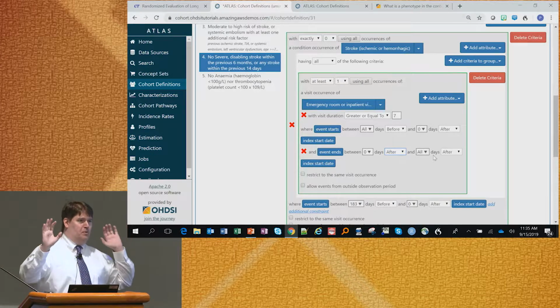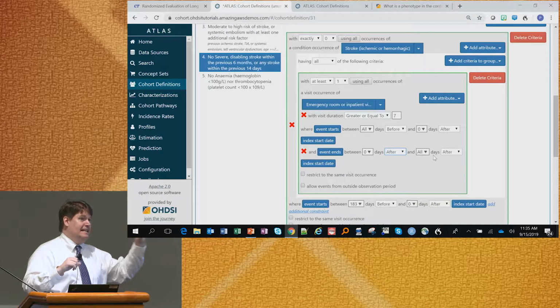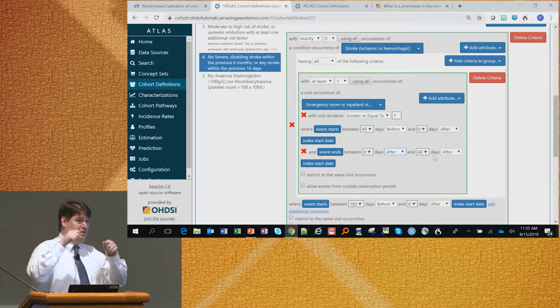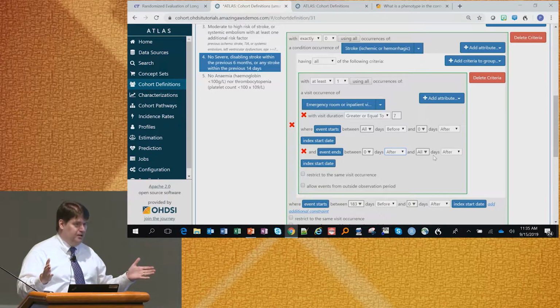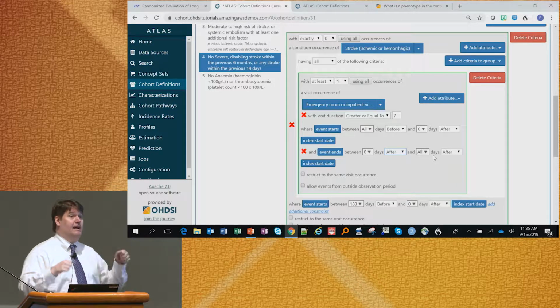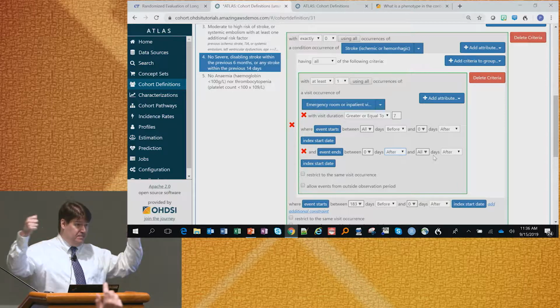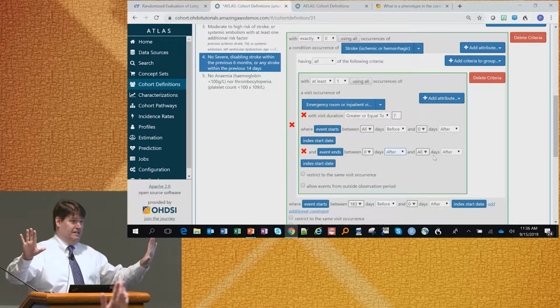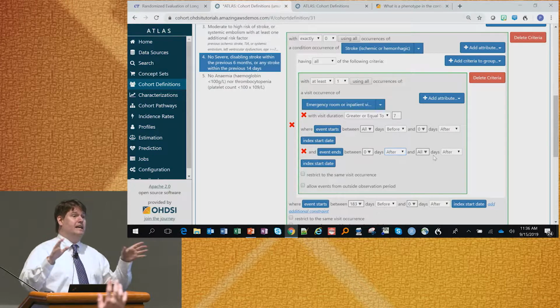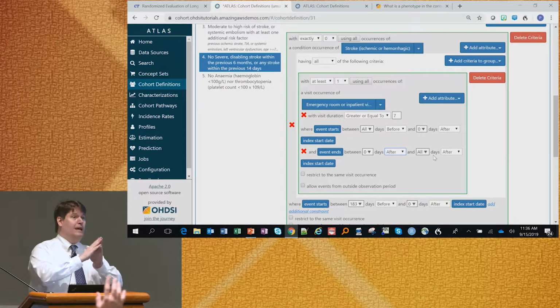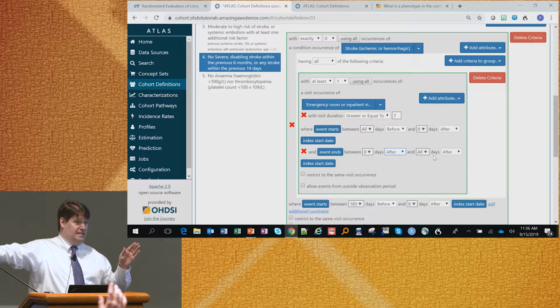This is being a little bit more forgiving. You could say that the stroke was associated with a visit. This is being a little bit more open, saying a record of a stroke was made and a corresponding visit surrounded that stroke. It's not exactly saying the stroke happened at the visit. It's just saying, coincidentally, there was a stroke and they were in the hospital for longer than 7 days.